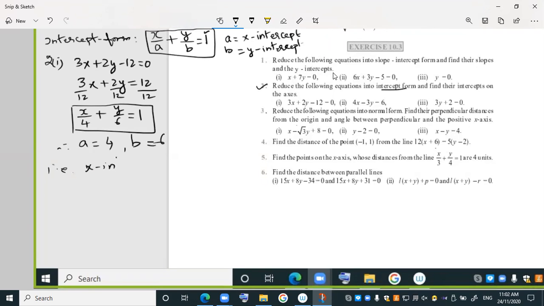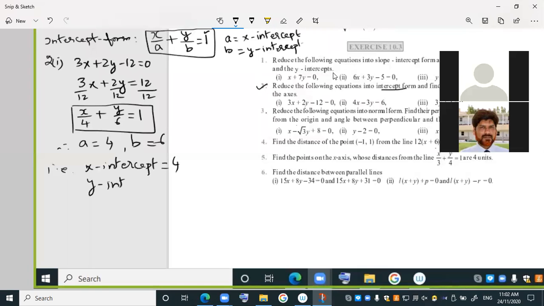So you get 3 1s are 3, 3 4s are 12, plus 2 6s are 12, and 12 ones are 12. So now you can see this can be compared with this equation. So a is equal to 4, and b is equal to 6. That is, the x-intercept of this line is 4, and the y-intercept is 6. Okay, so what do you understand by intercept? Suppose this is the x-axis, this is the y-axis, and the line is cutting like this, then this part is called the x-intercept and this is called the y-intercept.